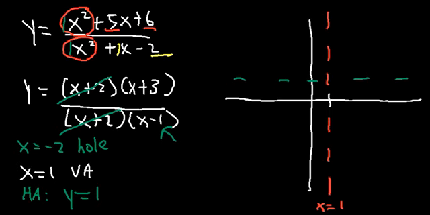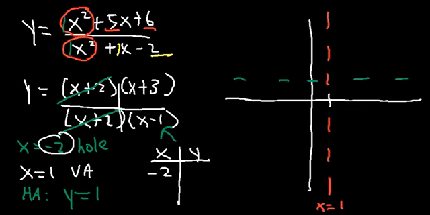So now at this point, we know the graph is going to look like 1 over x. It's going to be very similar to it. So we just need a few points. One point I would plug in is the hole, negative 2, because that's important.